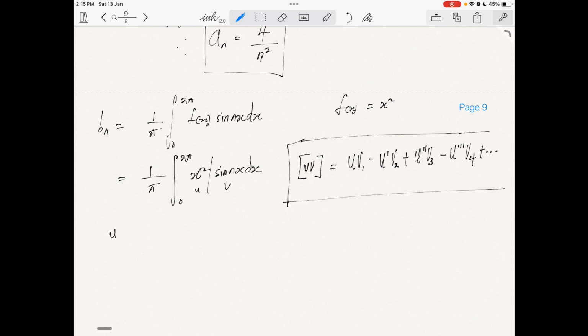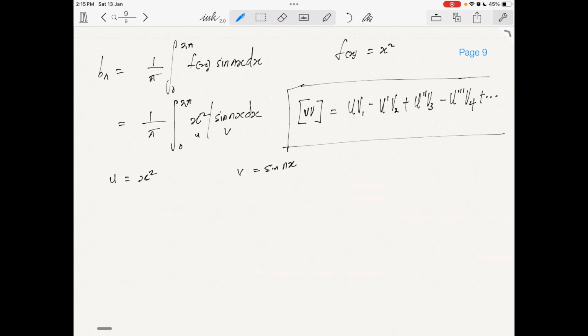Okay, so we know that our u is x squared, and this time around our v is sine nx. So our u prime, that's differentiating x squared, is 2x. Our u prime prime differentiating 2x, which is 2. And our u prime prime prime differentiating 2 is 0.